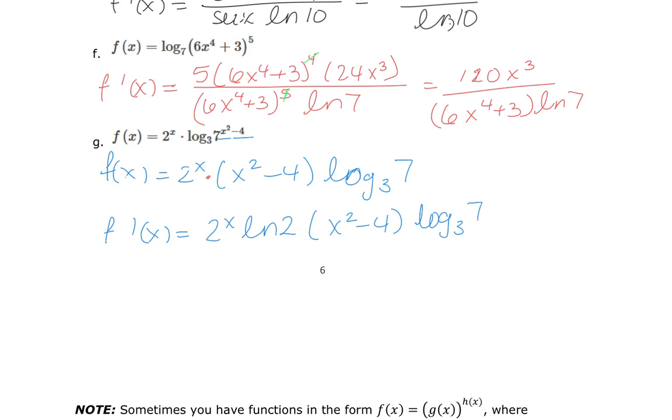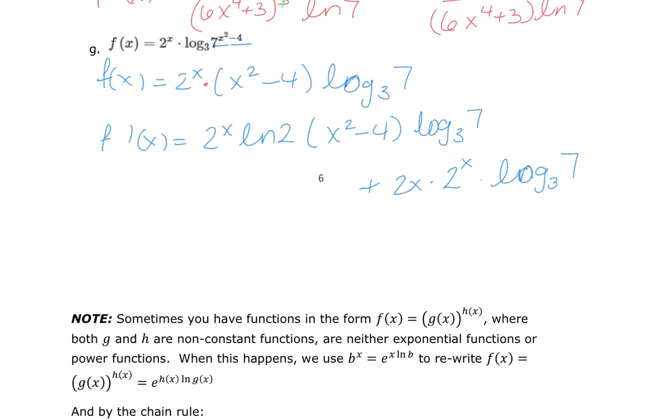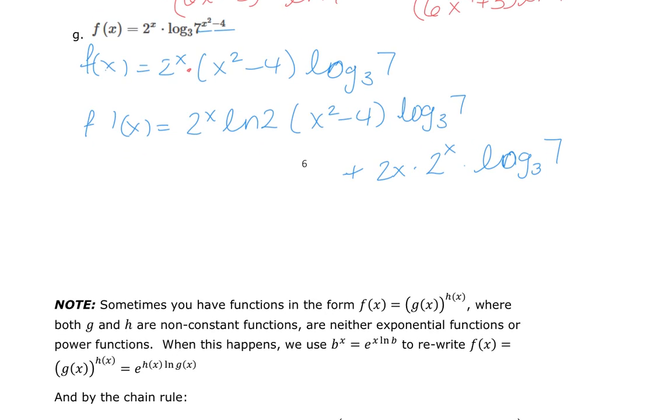And then multiplied by x squared minus 4, multiplied by this constant, which is the log base 3 of 7. And then plus, now I'm going to do the derivative of x squared minus 4, so that's going to be 2x, multiplied by 2 to the x, multiplied by the log base 3 of 7. This will clean up just a little bit, but not enough to really clean up.